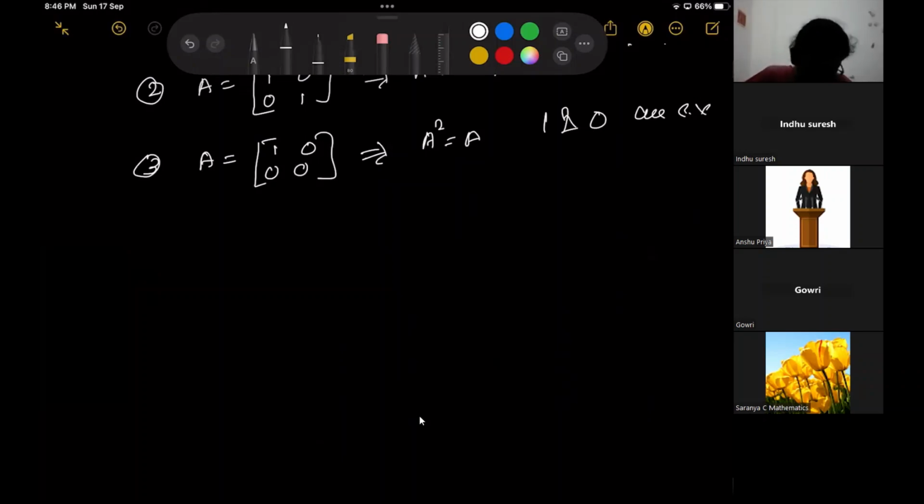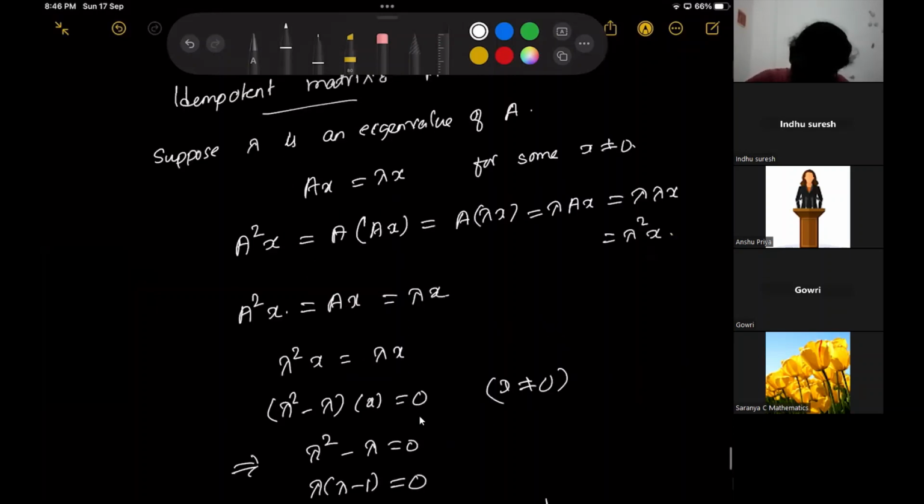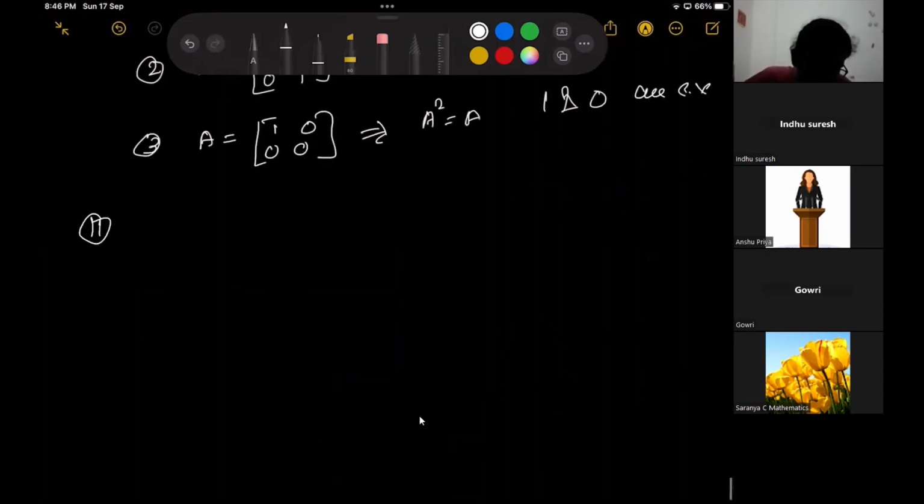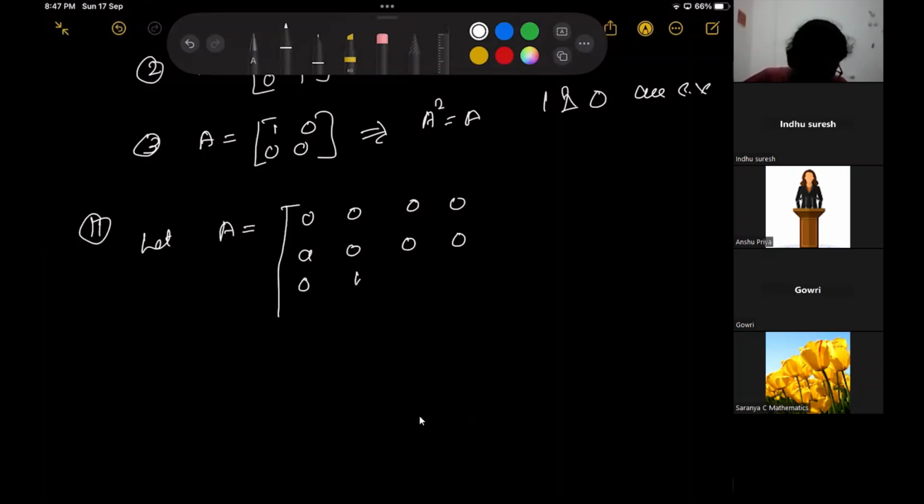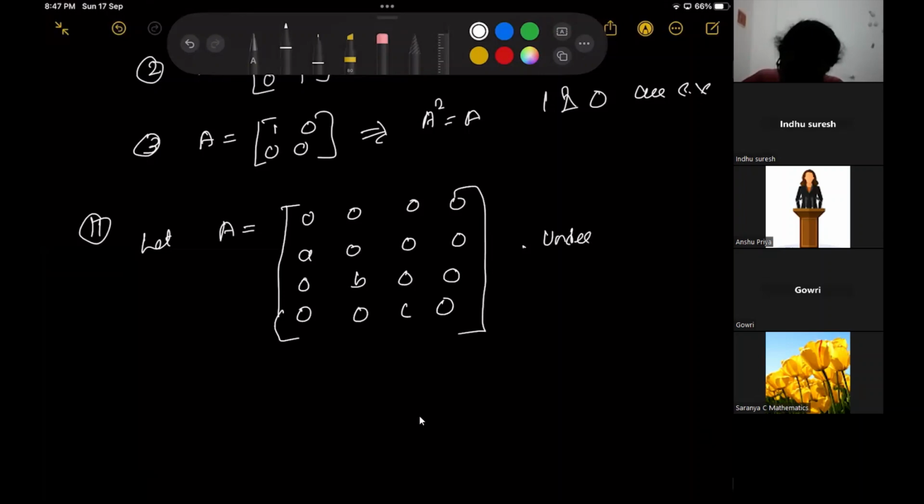Now the next question is, so I'm giving a matrix 0, 0, 0, 0. We haven't done a question on diagonalizability.